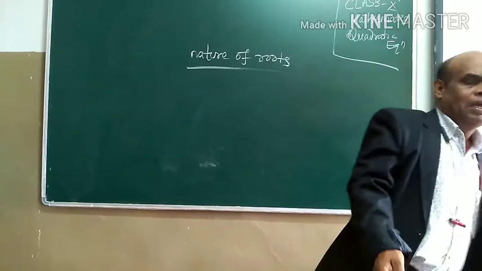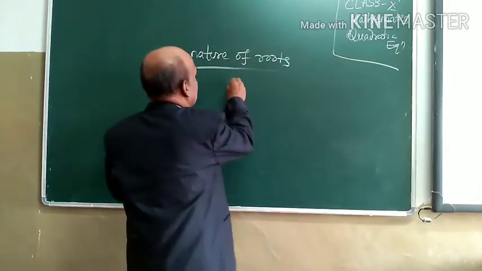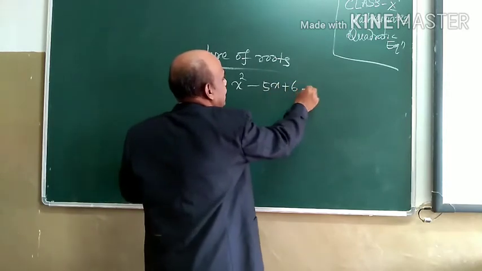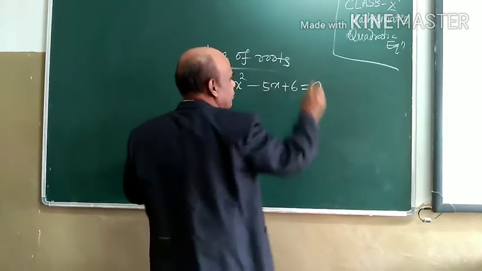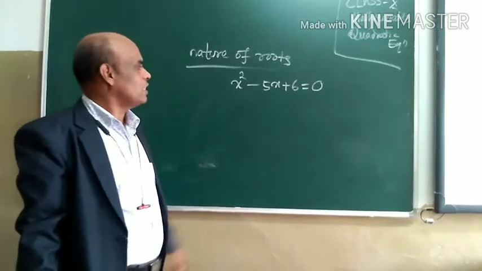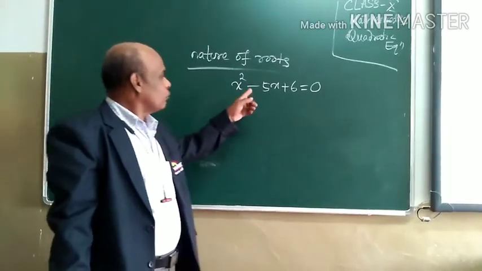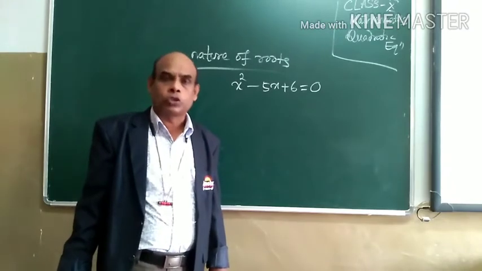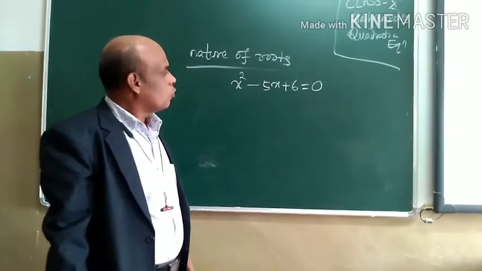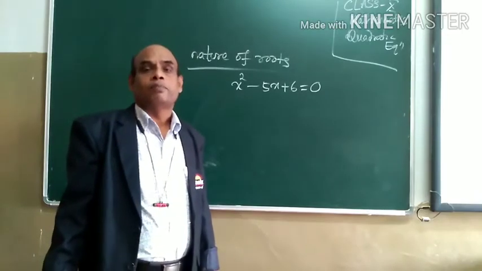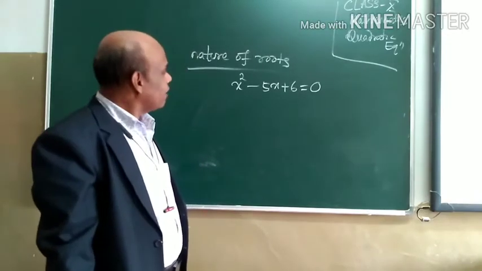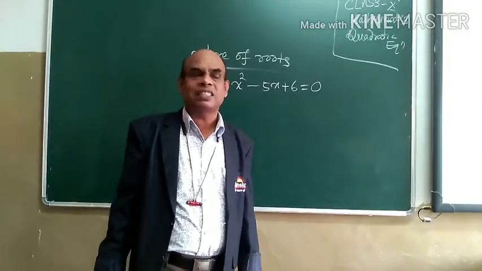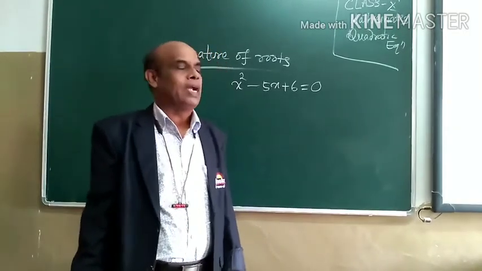Suppose I will follow the method that is known as factorization method. Suppose this is an equation. Already a quadratic equation is given here. You have to find the roots. Already I told, one of the methods is factorization method. That factorization method we have already studied in lower classes, so again we have to adopt it.